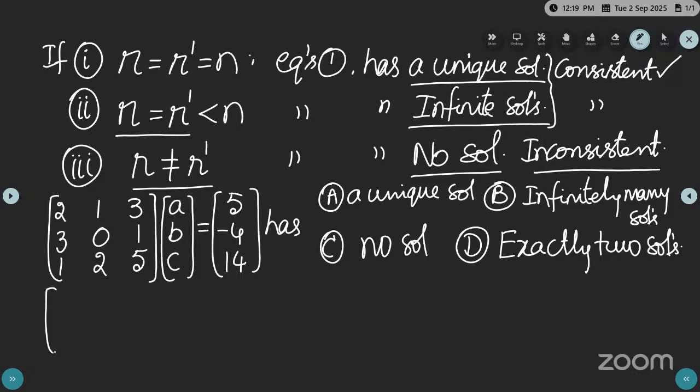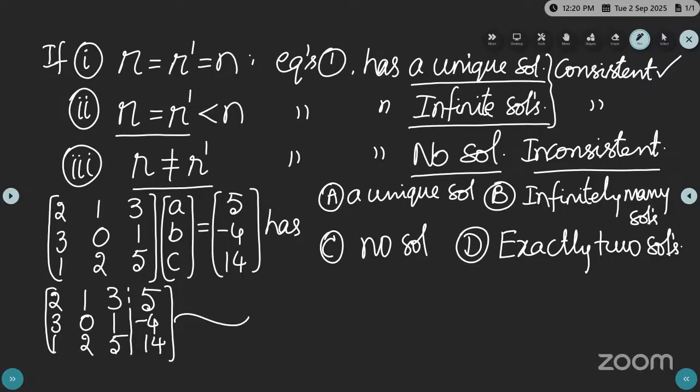I'm writing the augmented matrix: 2, 1, 3, 5; 3, 0, 1, minus 4; 1, 2, 5, 14. Equivalent to, try to make these two zeros using the first row element. How you can do that?